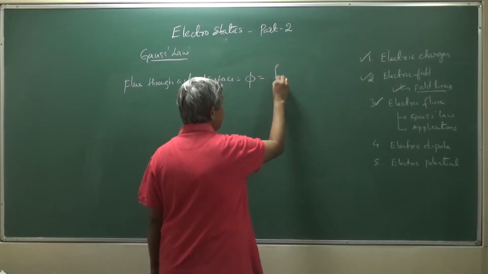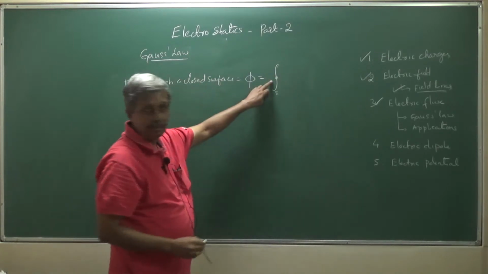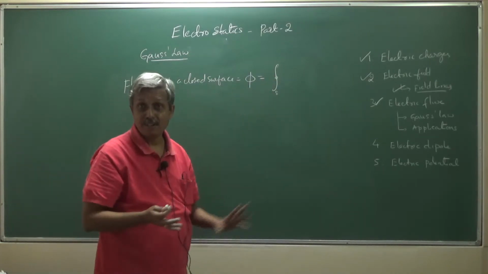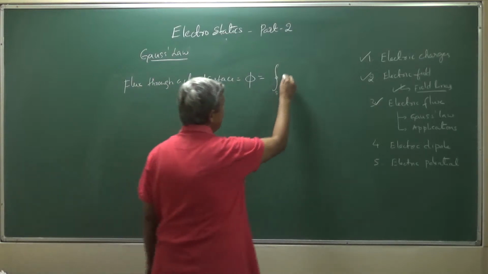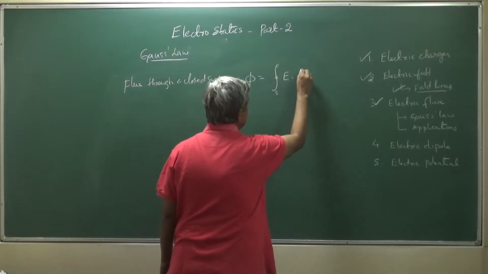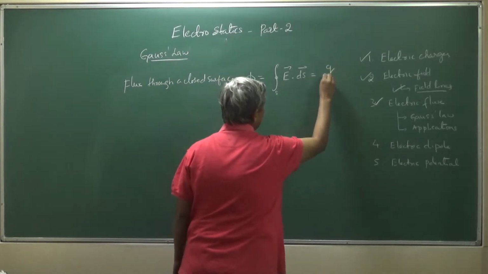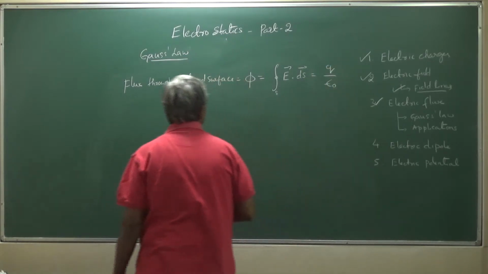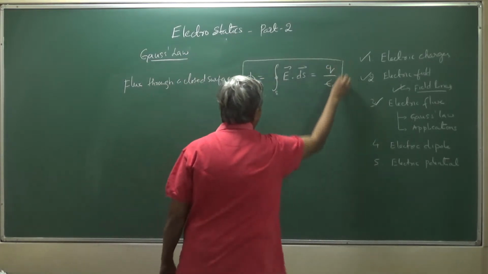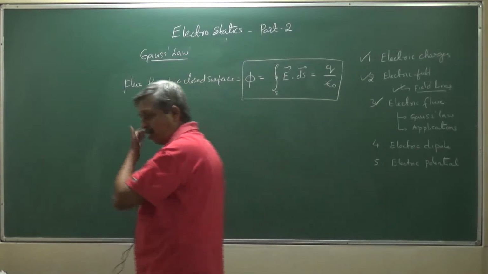It's called surface integral. It's a circle here for a closed surface. Surface integral of E dot dS is equal to q by epsilon. This is basically called Gauss's law.